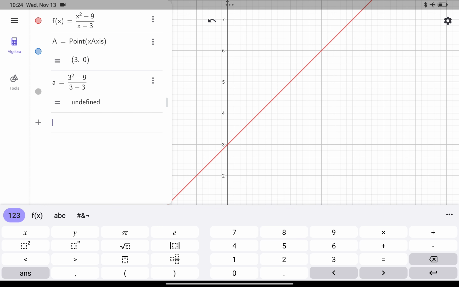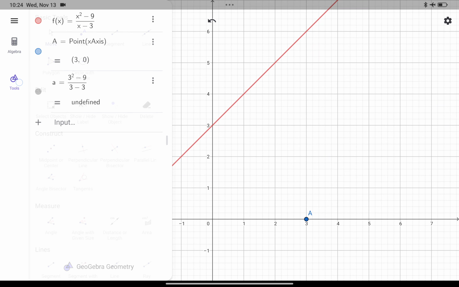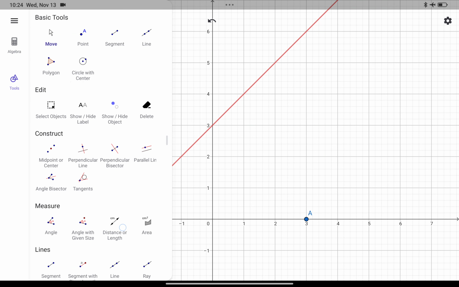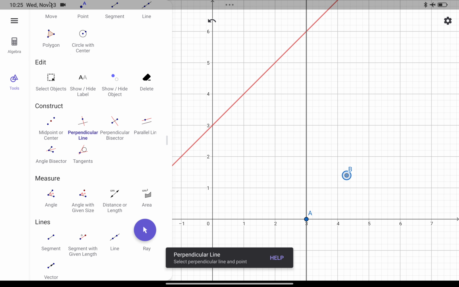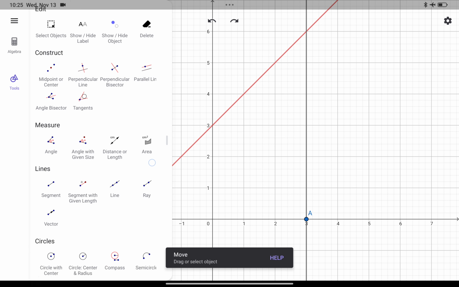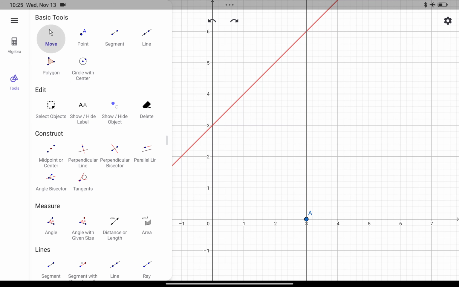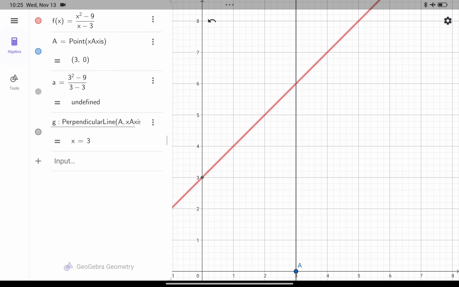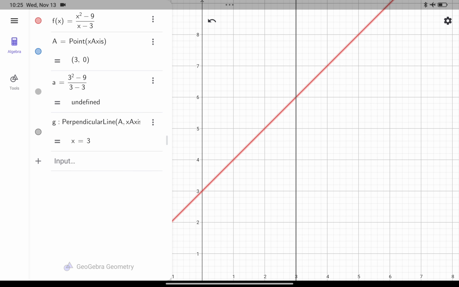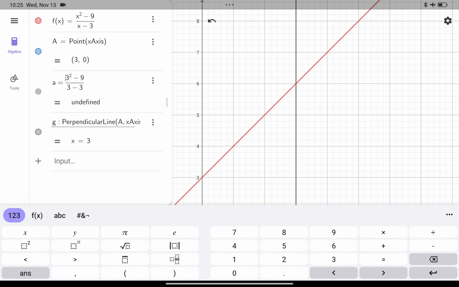Why is that? Why doesn't it give you the value 6, right? I'm gonna use this to show you why it doesn't give you the value 6.